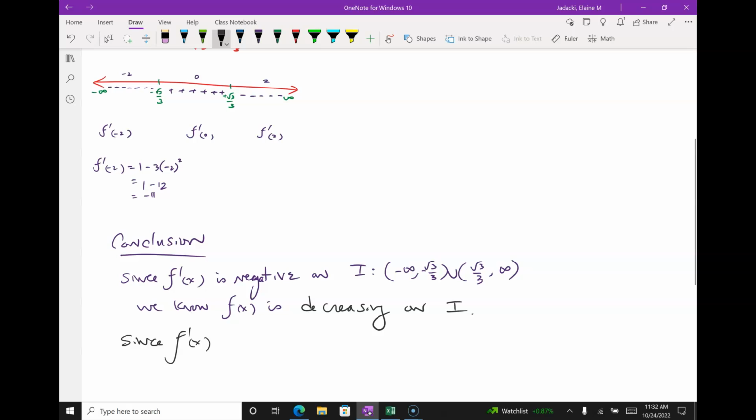Since f prime of x is positive on minus rad 3 over 3 to rad 3 over 3, f is increasing on that interval. And I just change up my verbiage, my language, because I get bored. But as long as you're telling me that f prime is telling me something about the function, that's what I want.